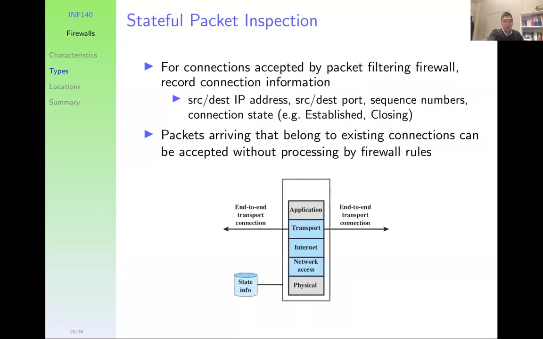So we have mentioned, as you see on the slides, we have introduced two types of firewalls. The first type, which is rather basic but very efficient, is packet filtering firewalls.